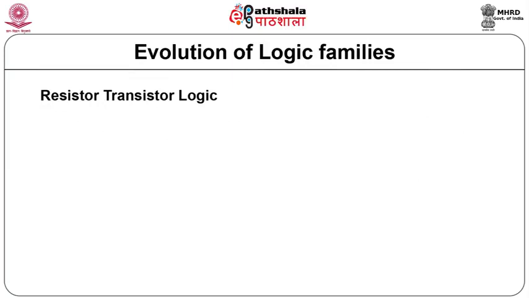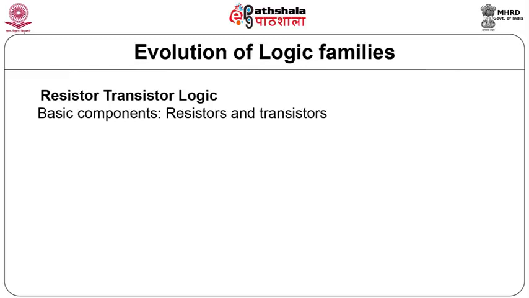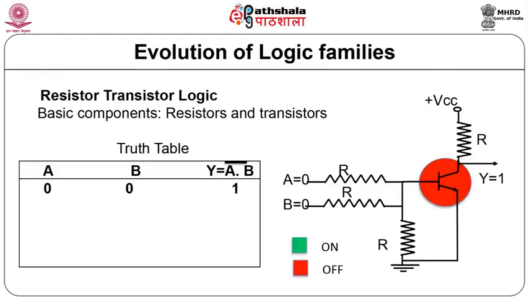Consider the next logic circuit, that is resistor transistor logic. Basic components used are resistors and transistors. You can see on the slide the circuit diagram. It consists of resistors and transistors only. Let us see how it works for a NAND gate. When both A and B are 0 0, then the transistor will be off and output will be 1.